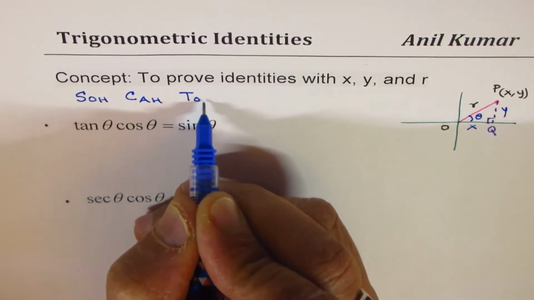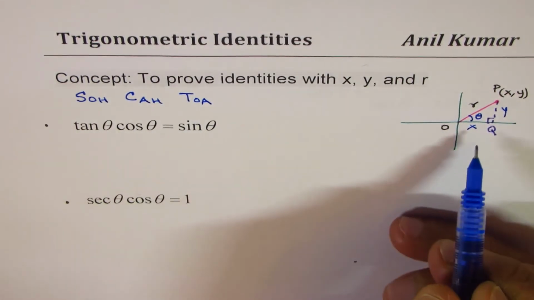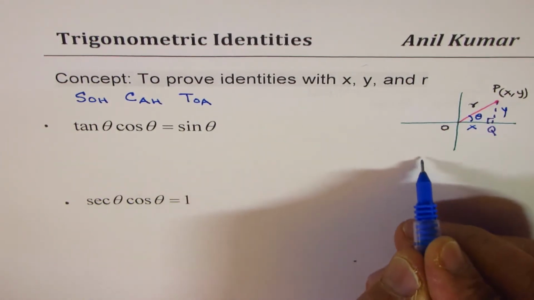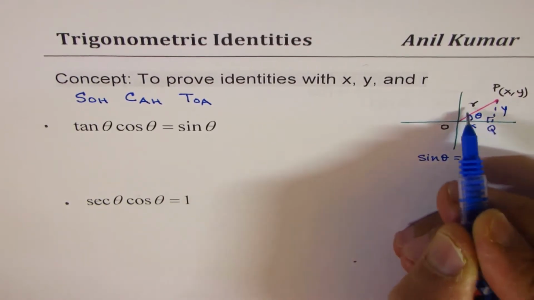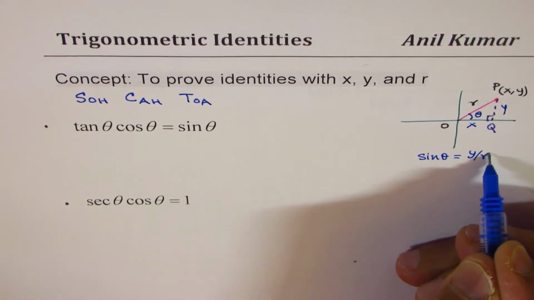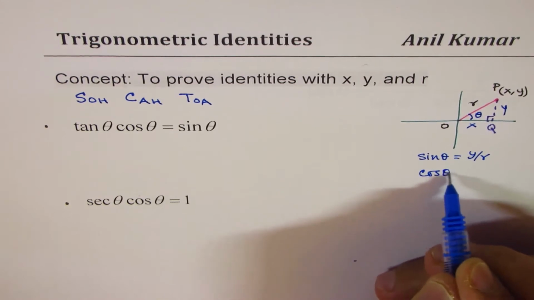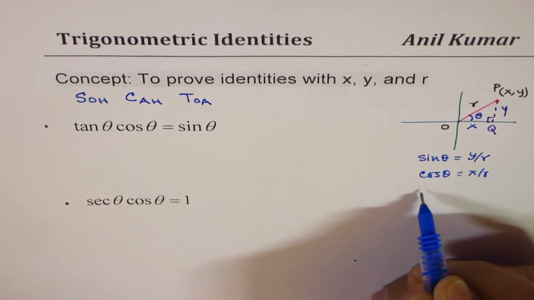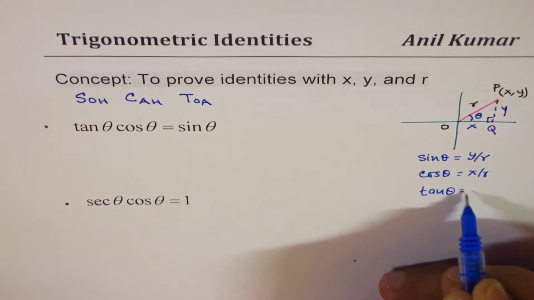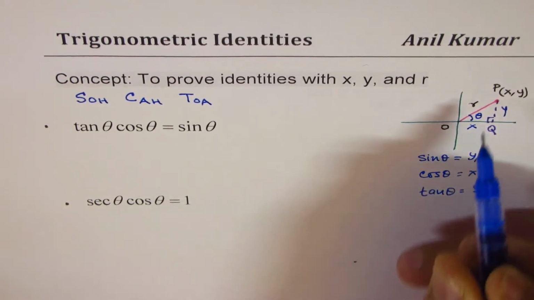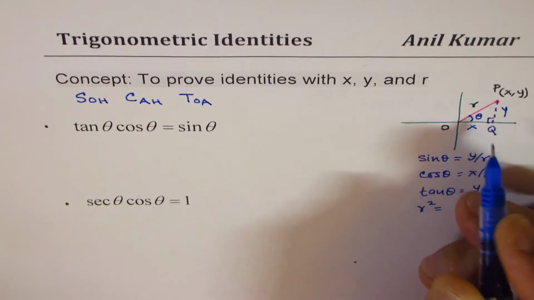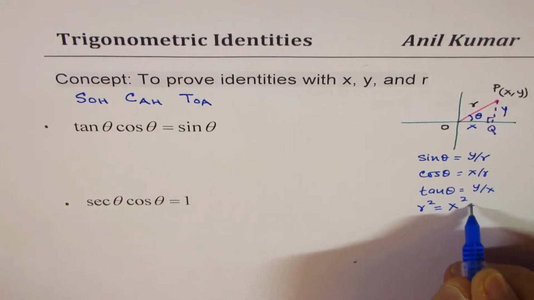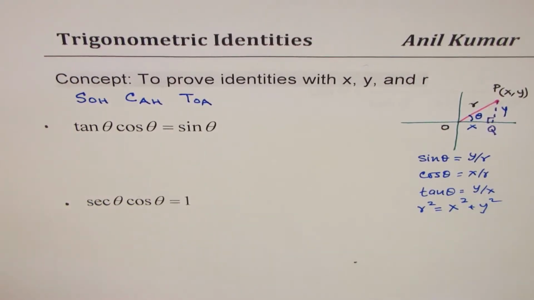And tan is opposite over adjacent. So from this triangle, we can always write that sine theta equals y over r, cos theta is x over r, and tan theta is y over x. r is related with the Pythagorean theorem: r squared is x squared plus y squared, correct?